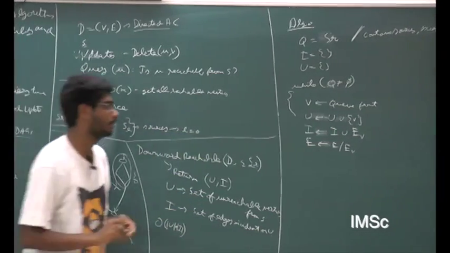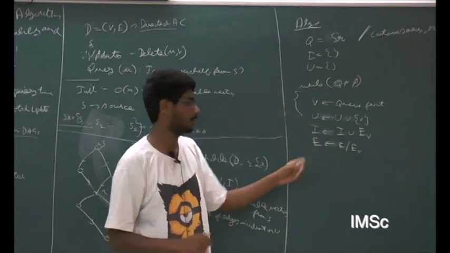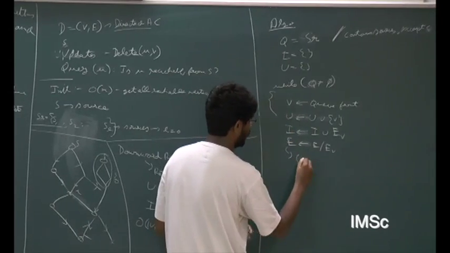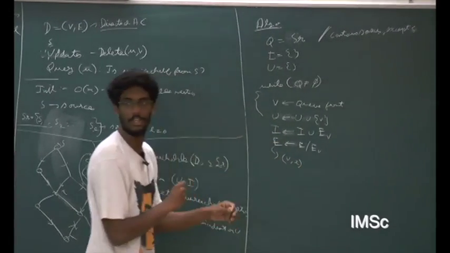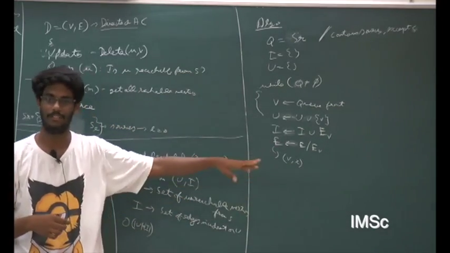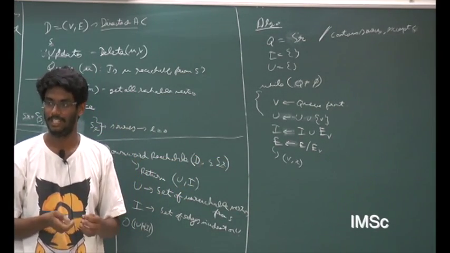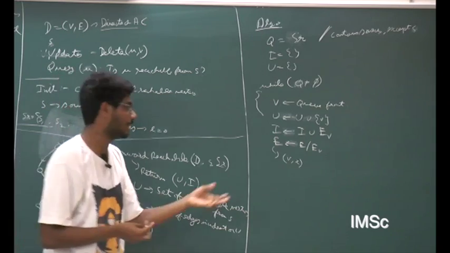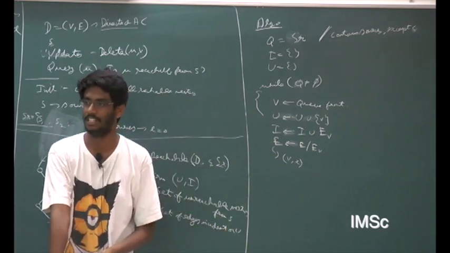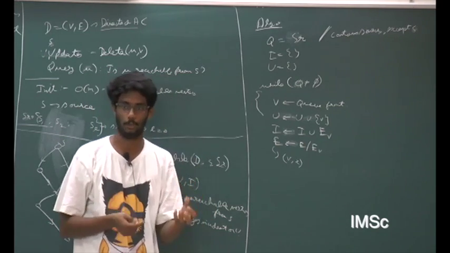Yeah, exactly. So now each time you delete an edge, suppose you are deleting V comma X, then you check if X is a new source. So what you do is you have another array which has the number of incoming edges of every vertex, the in degree of every vertex. And each time you delete an in edge, each time you delete V comma X, you just decrement the in degree of X. And if the in degree of X becomes 0, you know that you have a new source.